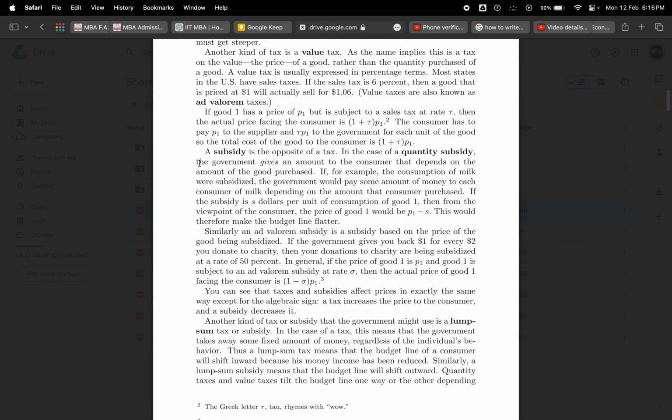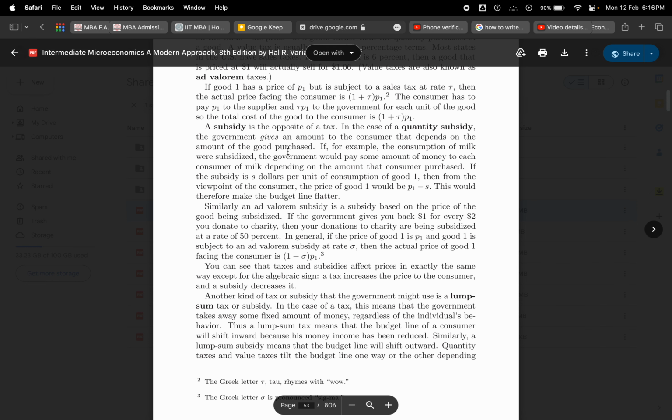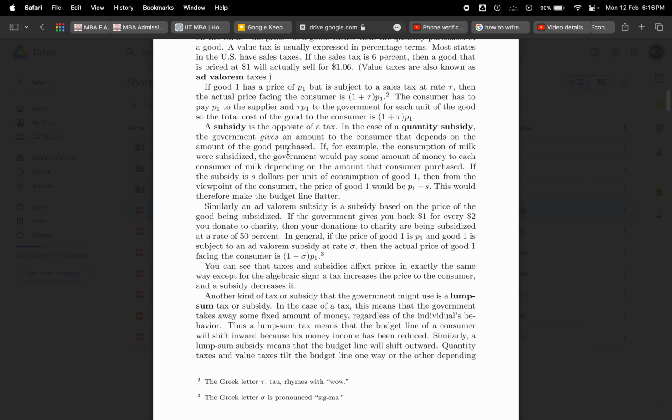So let's see subsidy. Subsidy is quite the opposite of tax, we know. While you are being paid to buy a product, sort of a thing. Subsidy is usually on goods that are necessary in nature. Like in India, we have subsidy on LPG, we have subsidy on electricity bills and water bills, and we also have subsidies on ration for a section of society.